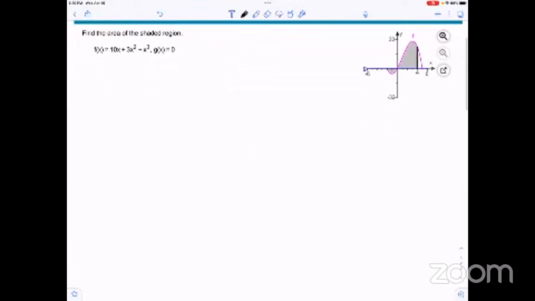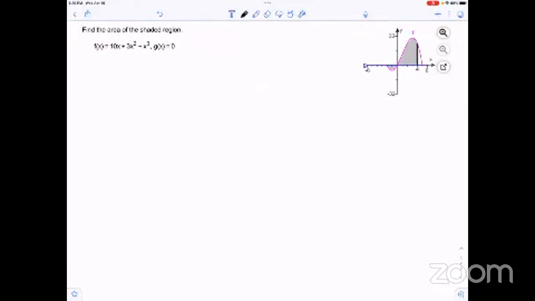So we're asked to find the area of the shaded region, right? So basically, they're asking us to find the definite integral. They're asking us to find the integral as x goes from -2 to 4 of, now g of x equals 0.